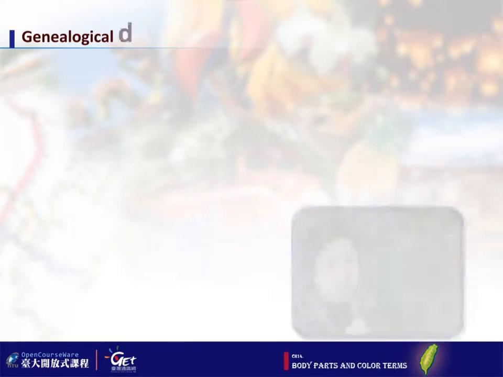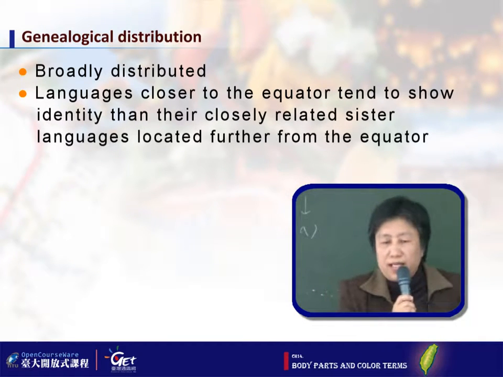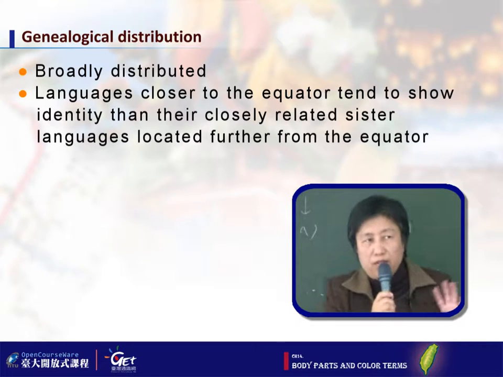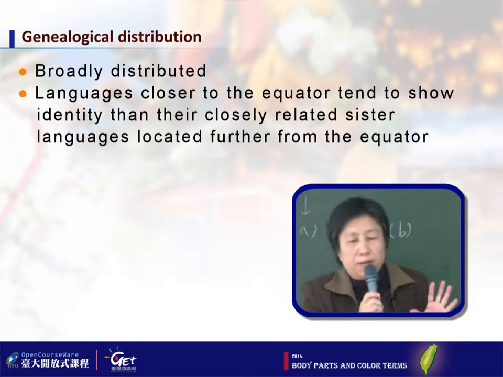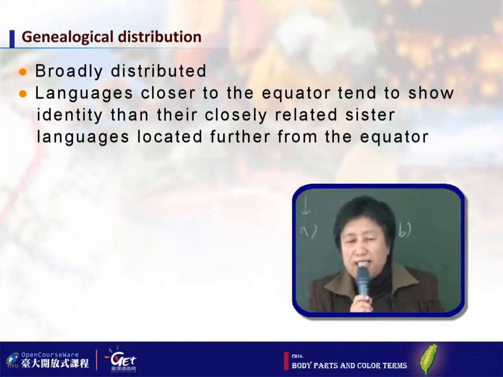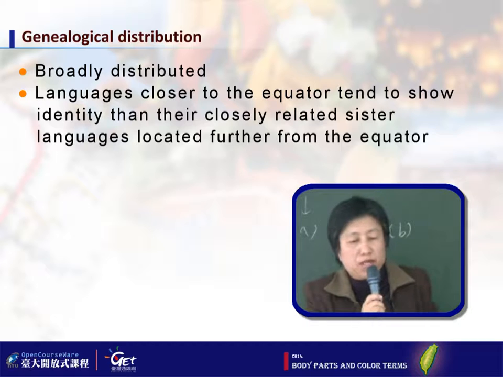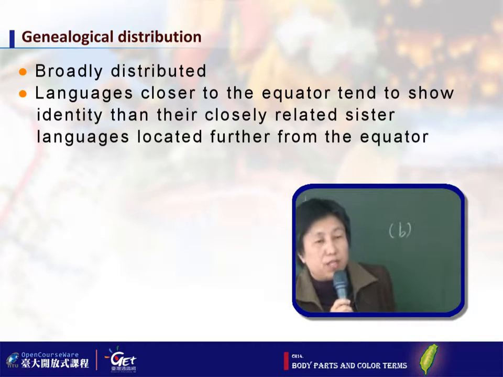In terms of its genealogical distribution, we also find that languages are distributed broadly, but languages closer to the equator tend to show identity, unlike their closely related sister languages located further away from the equator.